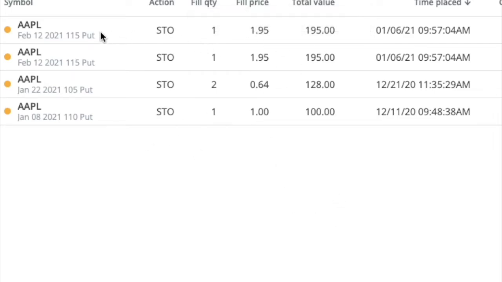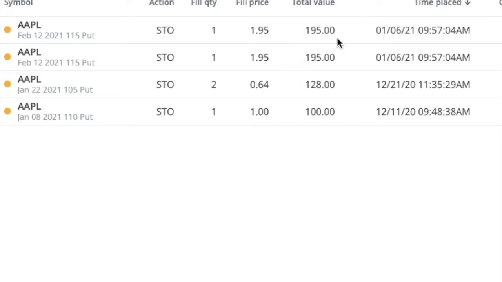So as you can see, I sold one last January 6 for $195 of credit premium. Then there's another one for $195, another one for $100, and another one for $128.